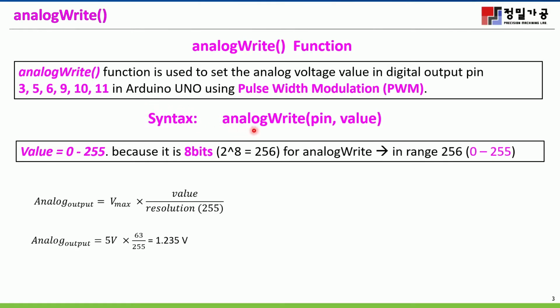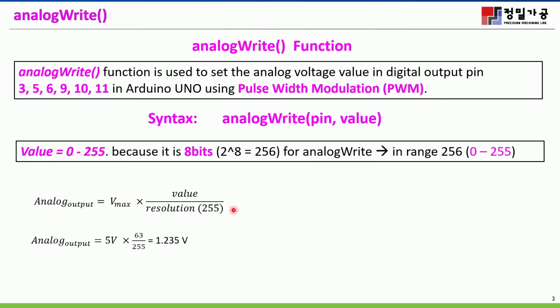The syntax is analogWrite, with a capital W, then the pin and the value. The value is between 0 and 255, because it is an 8-bit value, so the total range is 256 values, from 0 to 255.